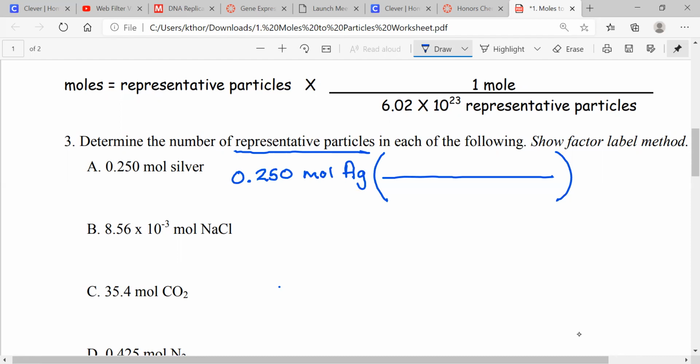What am I going to put on the bottom of this conversion table? 1 mole or Avogadro's number? Avogadro's number. If I put Avogadro's number on the bottom, Max, let me show you. Is moles and atoms like terms? No. So can they cancel out?